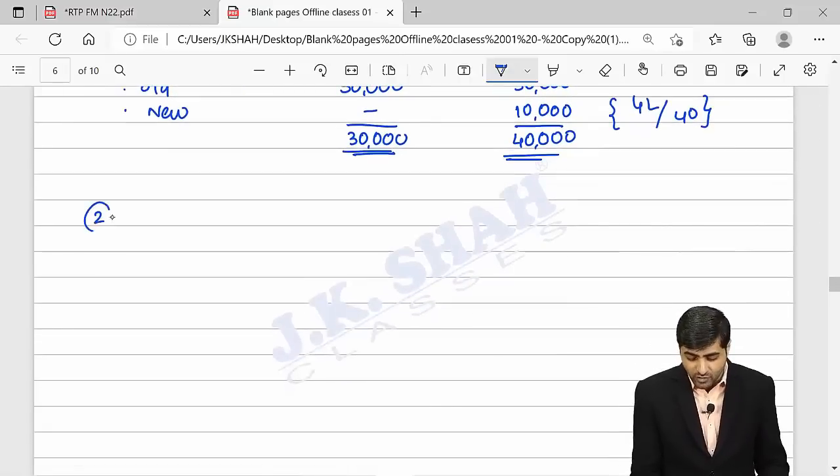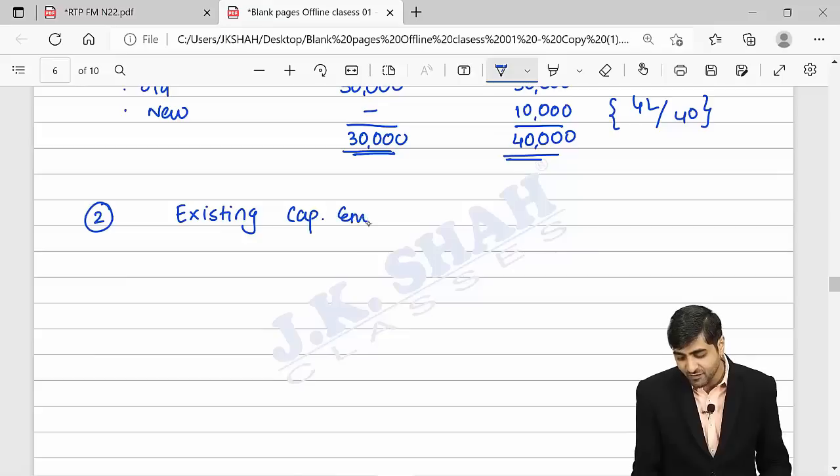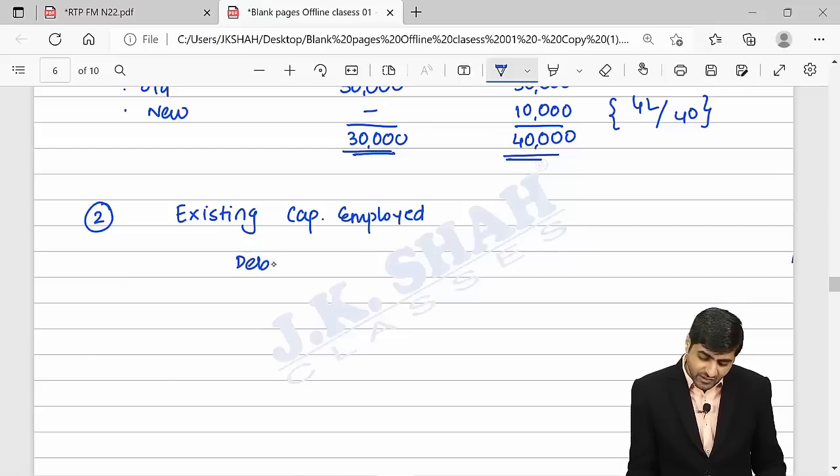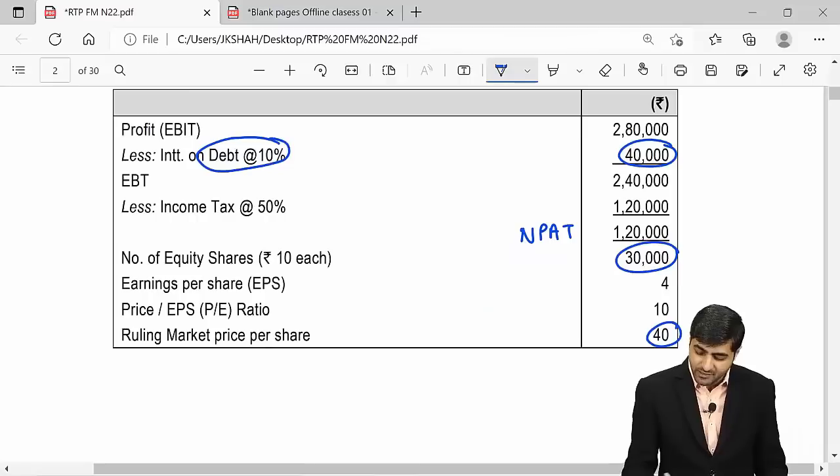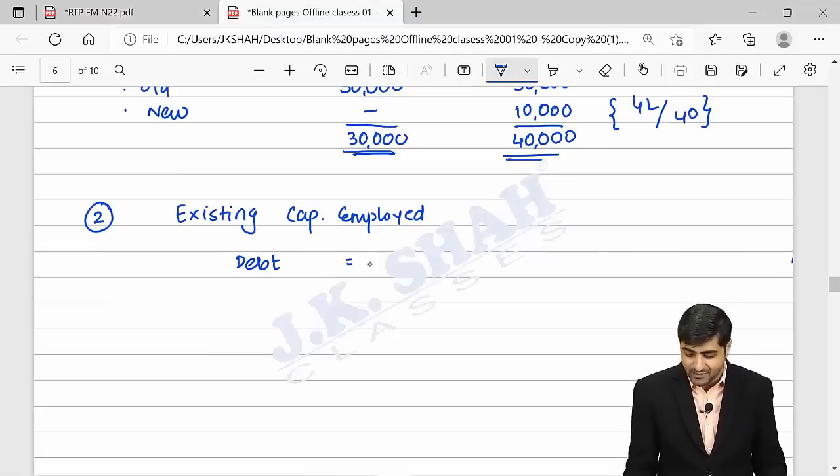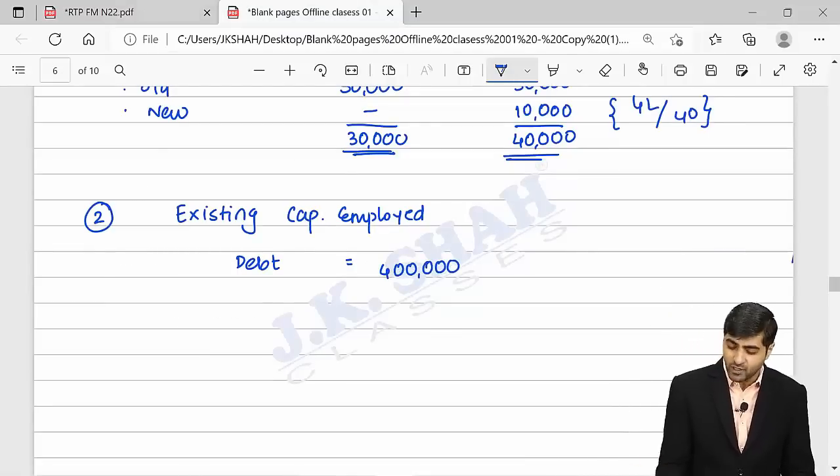If I want to calculate my existing capital employed, for the capital I have employed, I have my debentures, which will be 40,000 divided by 10%, that is 4 lakh rupees. So I have a debt of 4 lakhs.